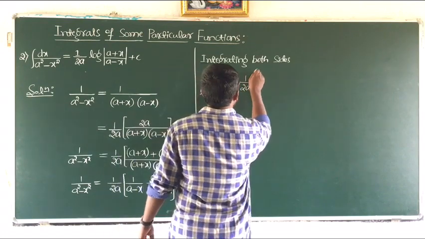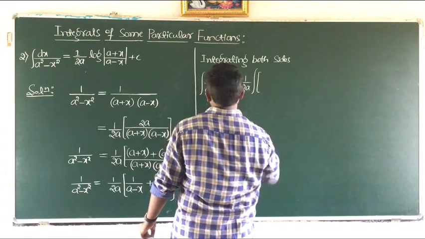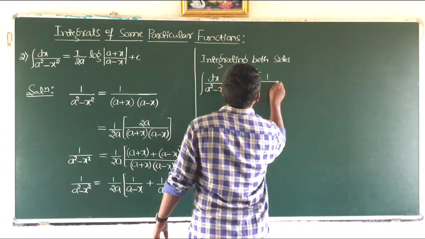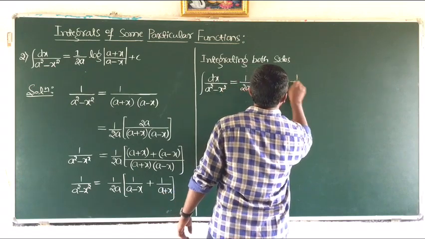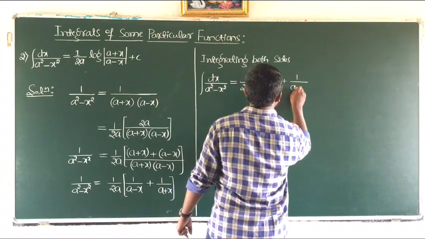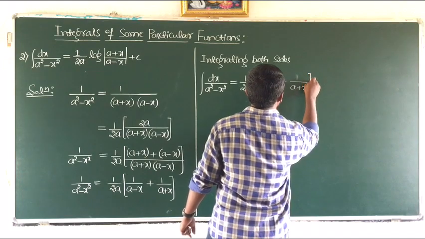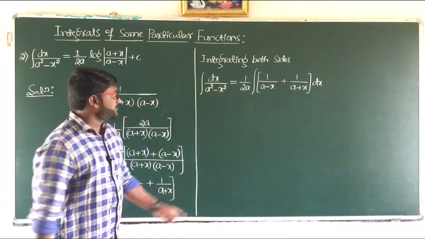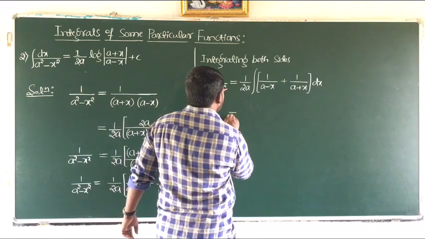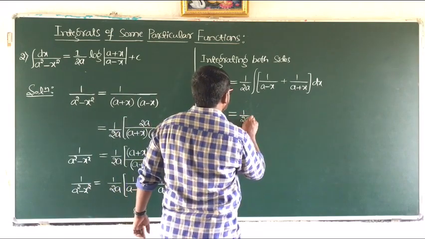Then here it is integral 1 divided by a minus x plus 1 divided by a plus x, close the main bracket and then write dx. So now see here, 1 by 2a as it is.